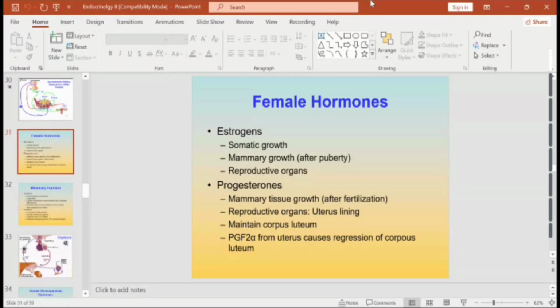In that, if pregnancy doesn't take place, the corpus luteum is programmed to die a natural death of exactly 14 days from the day ovulation takes place. Unless it gets a rescue from beta HCG, the beta human chorionic gonadotropin hormone, which will be released from the syncytiotrophoblast upon the process of fertilization, it will otherwise die.